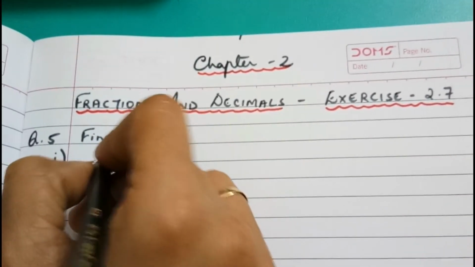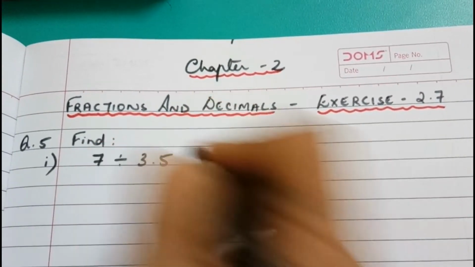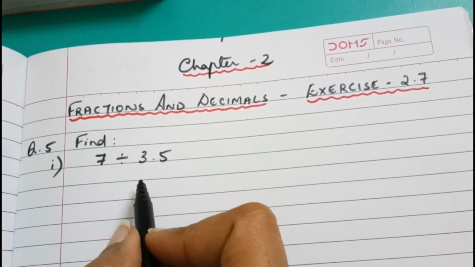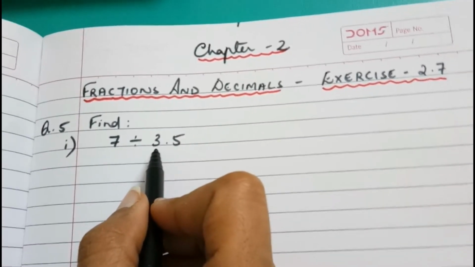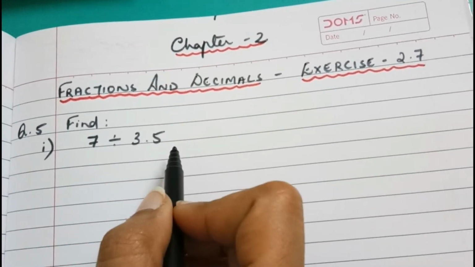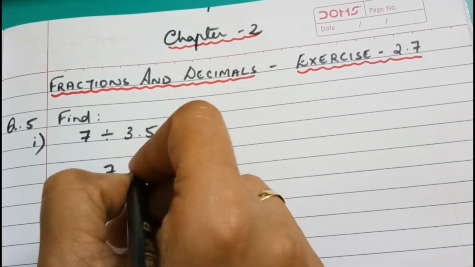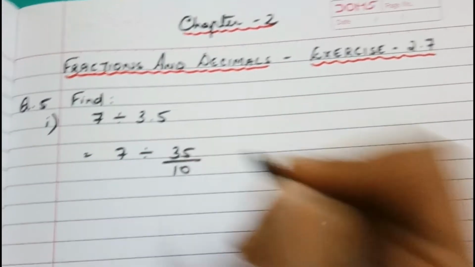The first question is 7 divided by 3.5. Now here, how will we do this? The other way of writing this 3.5 is 35 by 10.